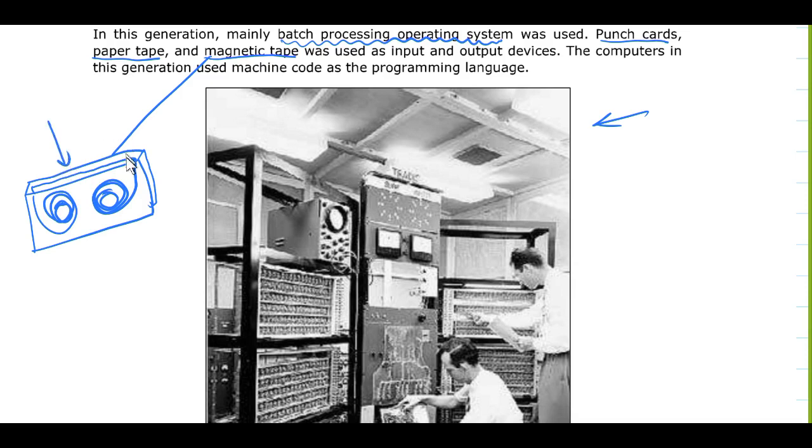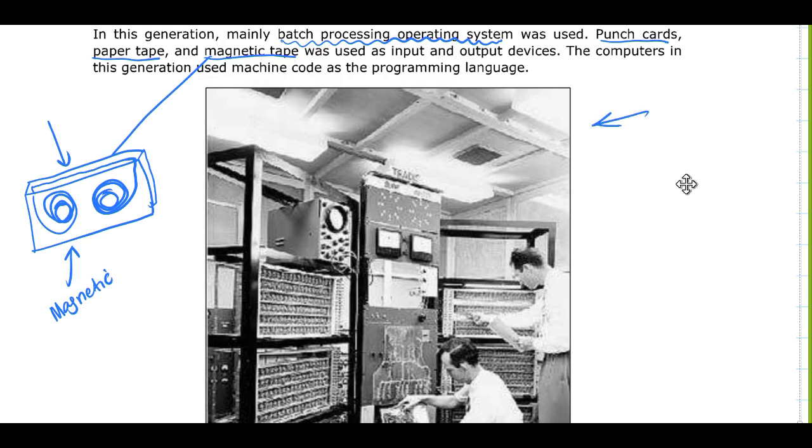I don't know if you ever found them or not, but these are what used to be called magnetic tapes, and they are very useful in storing information. Because they were very slow and bulky, we used to have what was called then a batch processing system. And we will see more details of this at a later stage.